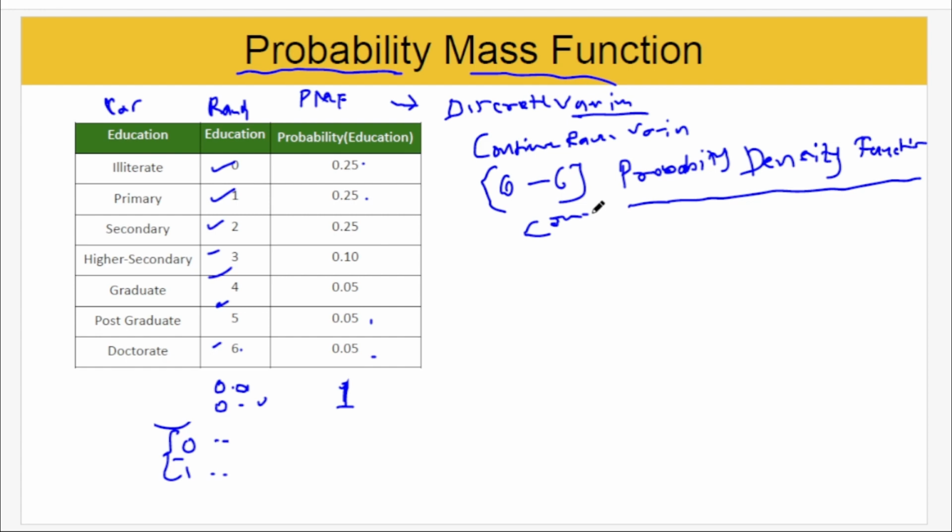Uniform also has a continuous distribution. One uniform is discrete, one uniform is continuous. There are many other continuous variables available. We will now only look at discrete random variables. So for that it is PMF. Now you know how to calculate the PMF.